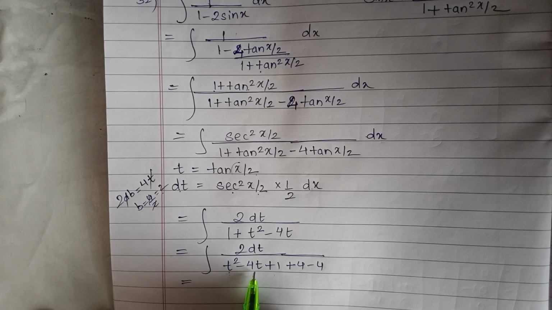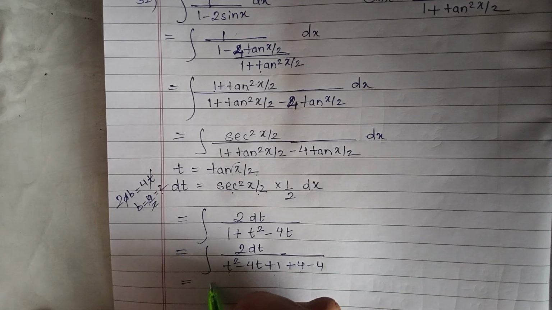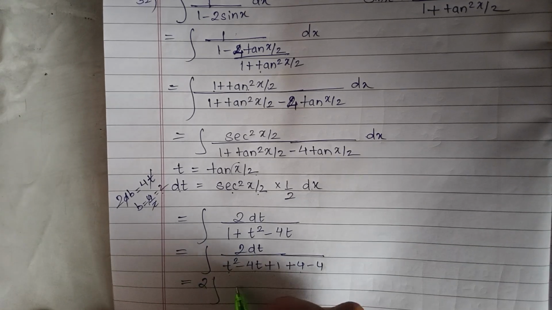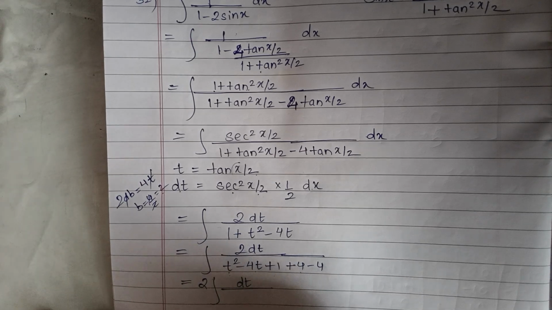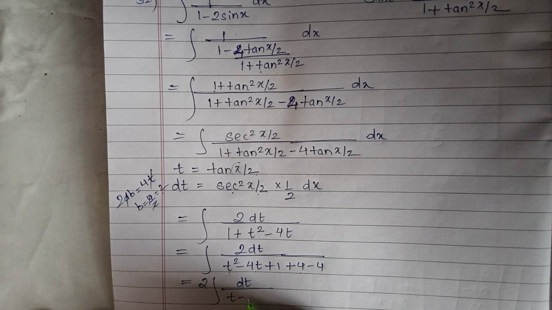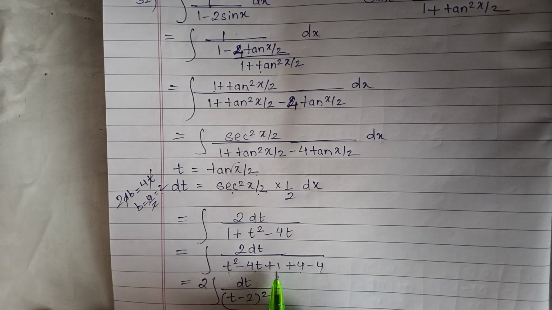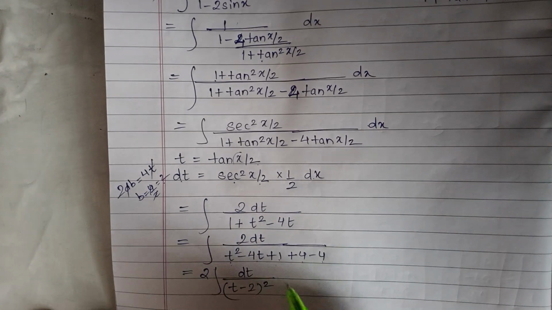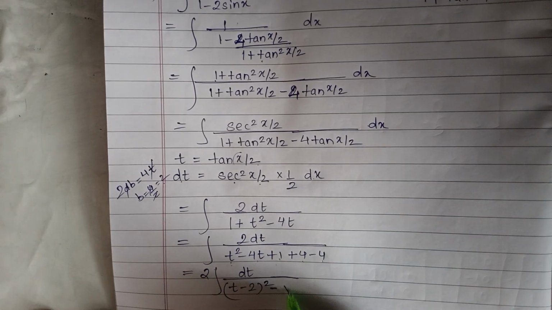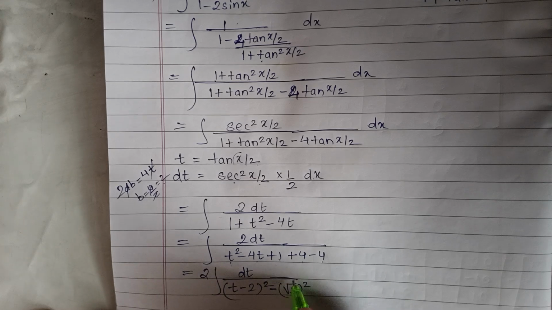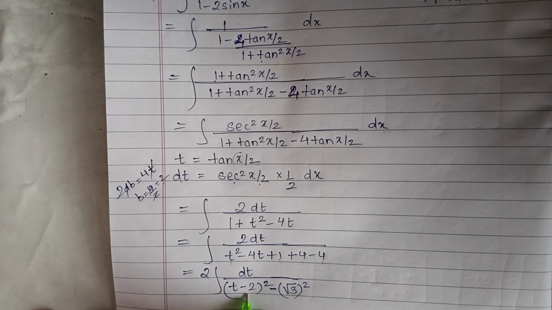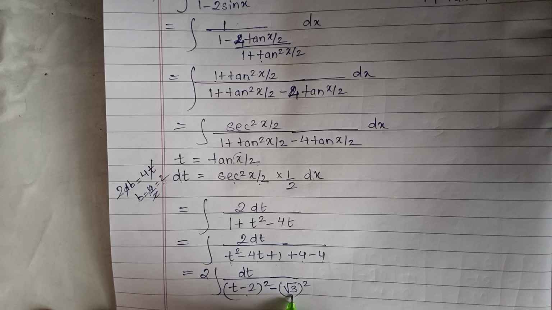So t square minus 4t plus 4 becomes, I'll take 2 outside, t minus 2 the whole square. What about this? Minus 4 and plus 1 is minus 3. So minus, we can write root 3 square. So this is in the form x square minus a square.